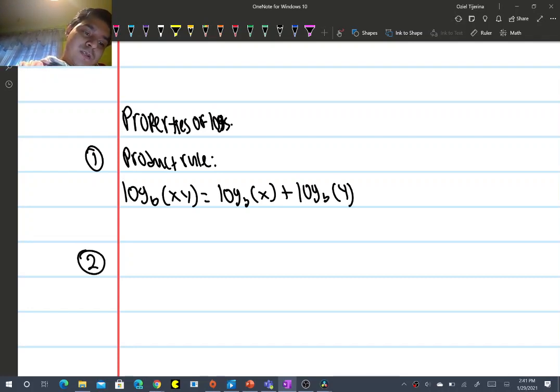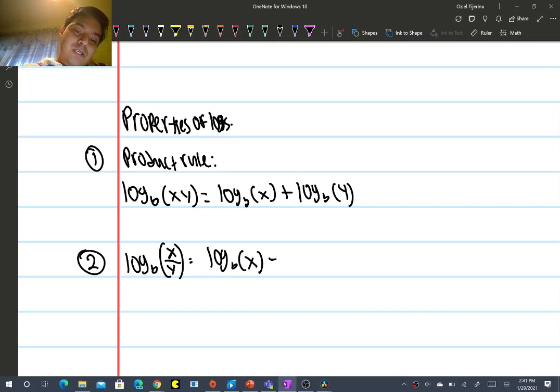Another one is the quotient rule, which is log base b of x over y. This just means that I'm going to subtract the logs when I do the logarithm. So I'm going to say log base b of x minus log base b of y.